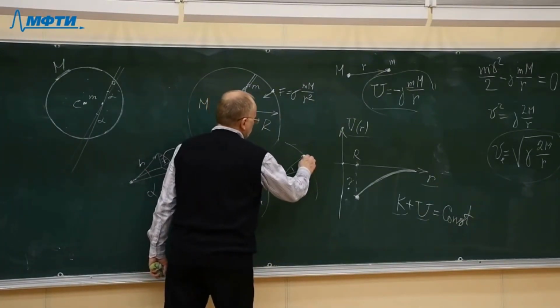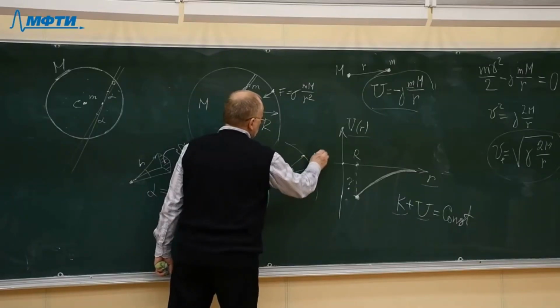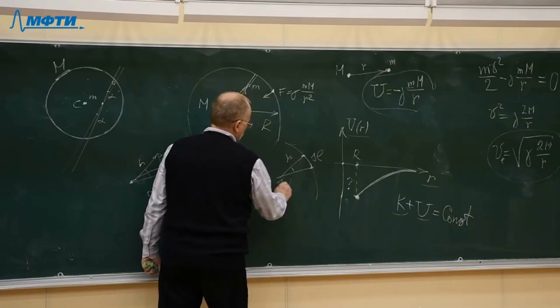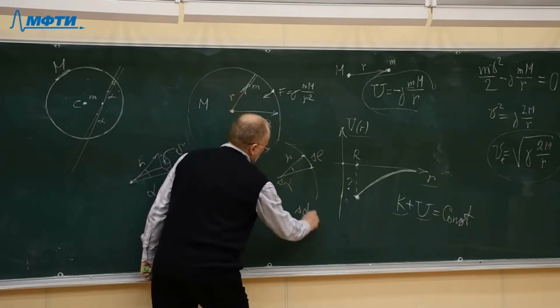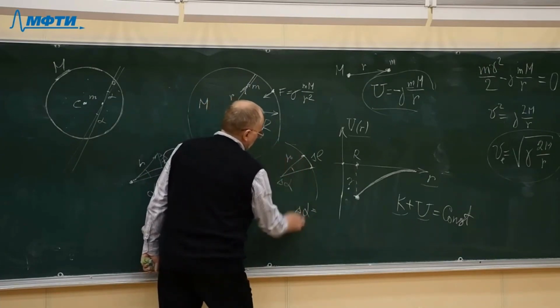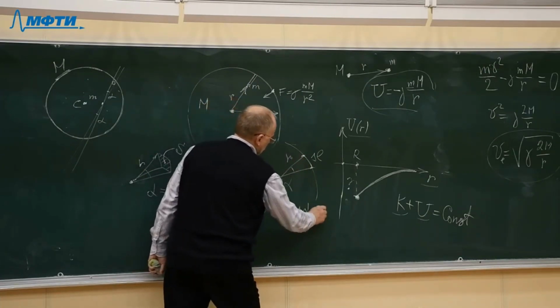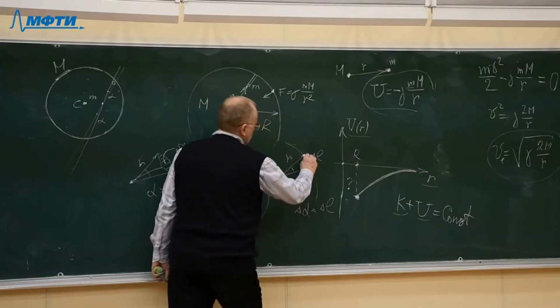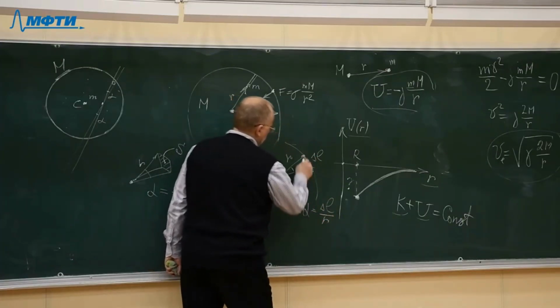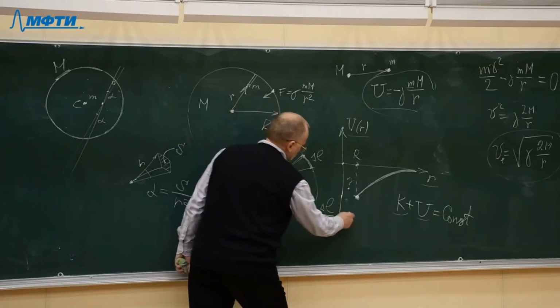A radian by definition is the length of this arc, delta L, divided by the radius. That is the flat angle on the surface, delta L, the length of this arc, divided by the radius. And this angle is measured in radians.